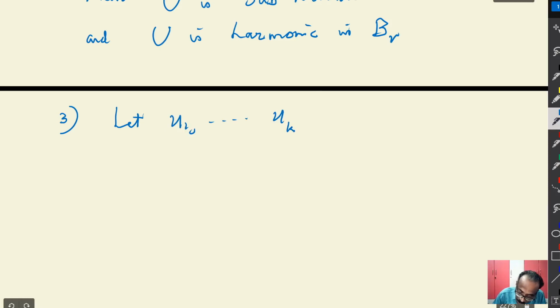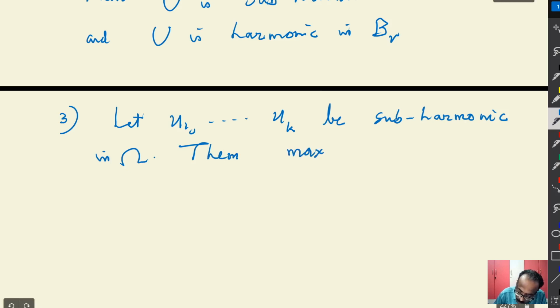Then you can define the maximum of Ui, U(x) equal to the maximum over i of Ui(x), and it is sub-harmonic.